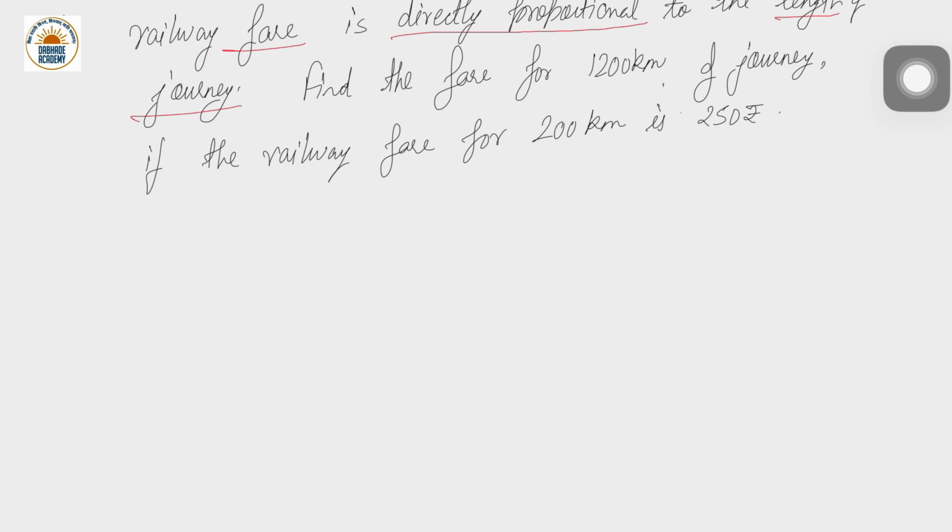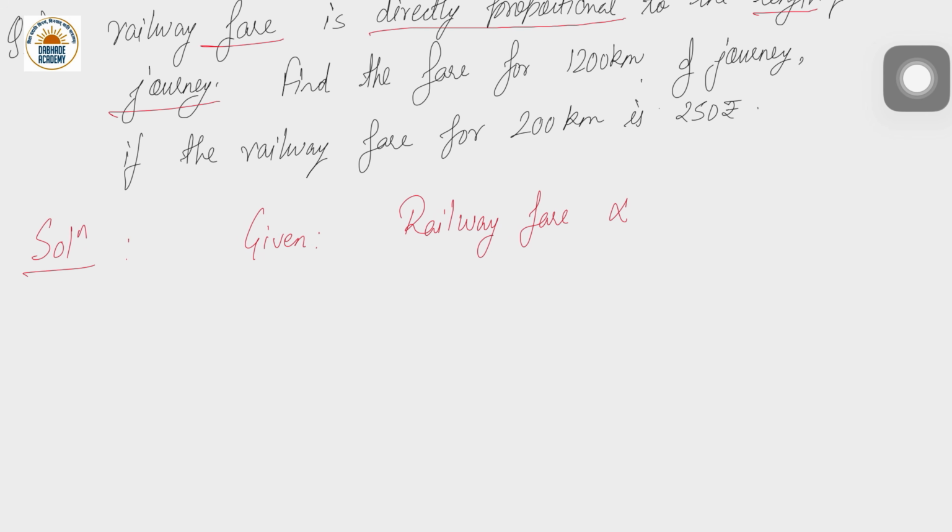Okay, so if we write the solution, what we have been given is that railway fare is directly proportional to the length of journey. See, this is the sign of directly proportional which I have just made, an alpha-like sign.